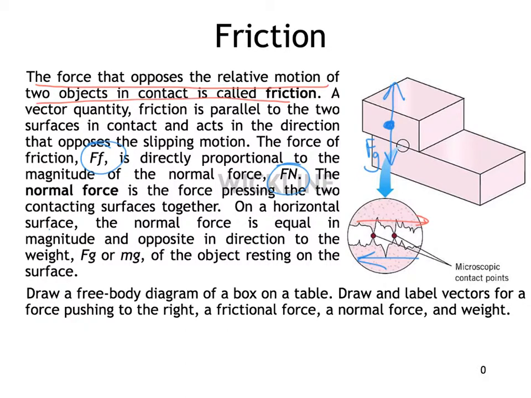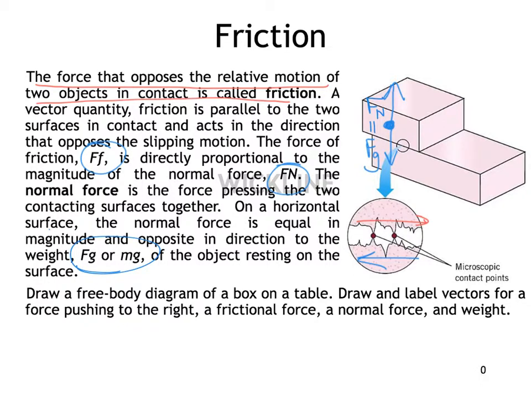So that would be termed Fn, or normal force. It's going to be the exact same value as the weight, so I'll say equal. It'll just be in the opposite direction. We'll also be using the equation Fg equals mg in a lot of these examples.